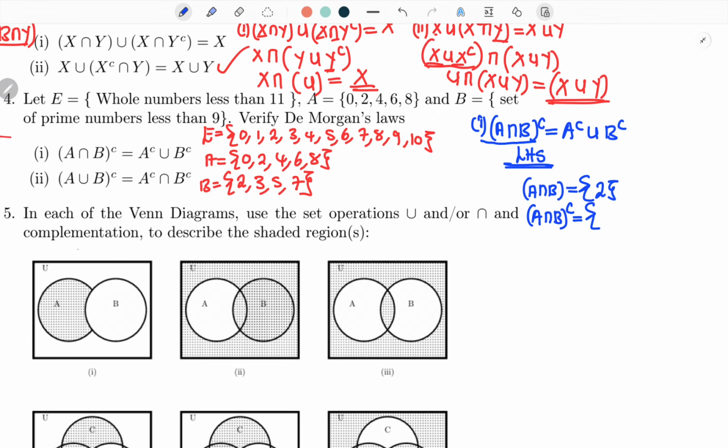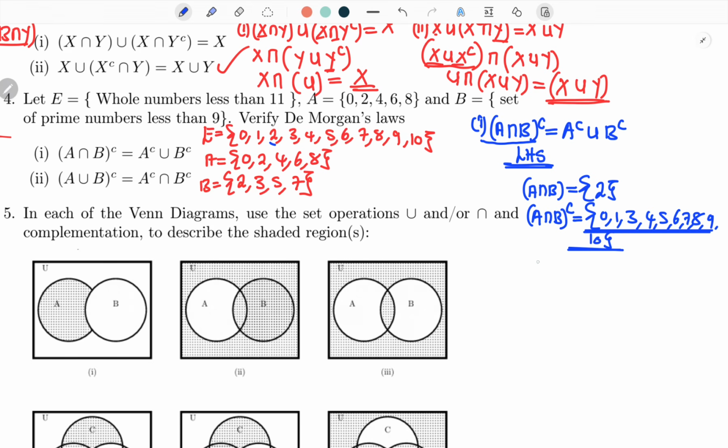So I'm going to remove 2. If I remove 2, what I'm going to remain with in the universal is going to be 0, 1, 3, 4, 5, 6, 7, 8, 9, 10. This is the set I'm going to remain with on my left hand side.